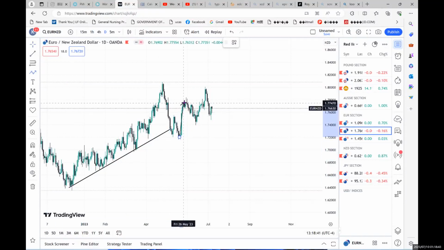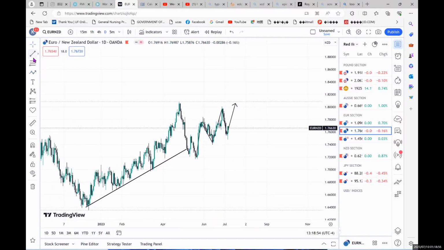Higher low, higher high, and now we are back down here, and this could be our potential higher low for price to continue back up into this high here.